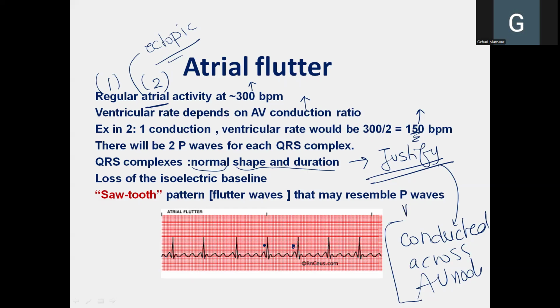And since it is a normal pathway conduction, then the QRS complexes have normal shape and duration. Here, of course, we don't have an isoelectric line. We can't see the zero line. And here in atrial fibrillation, we describe the P waves as being chaotic, but in atrial flutter, they have the sawtooth pattern.